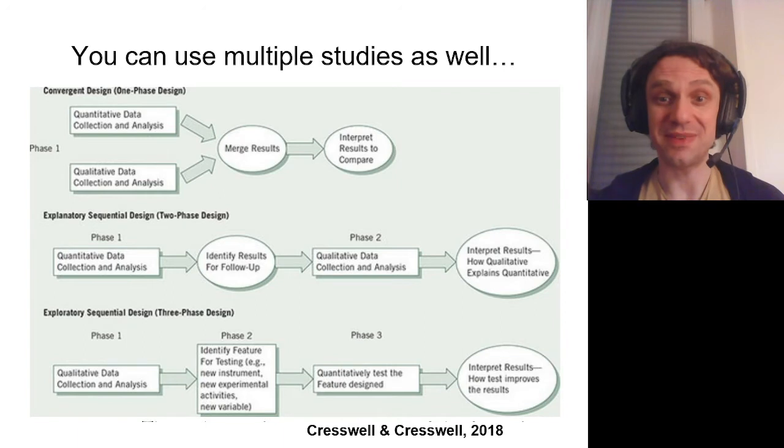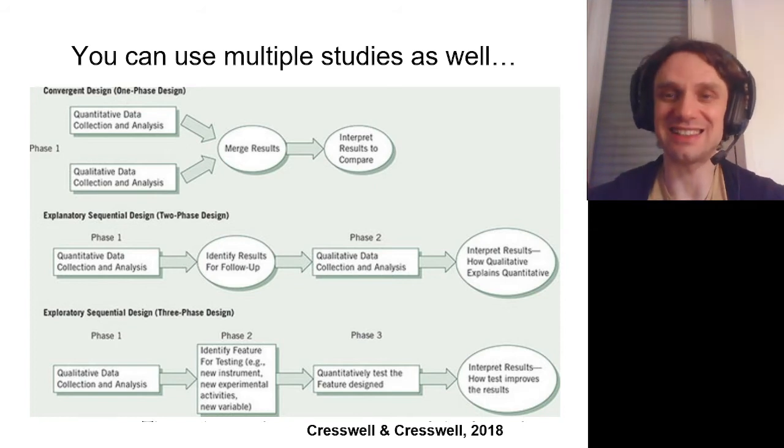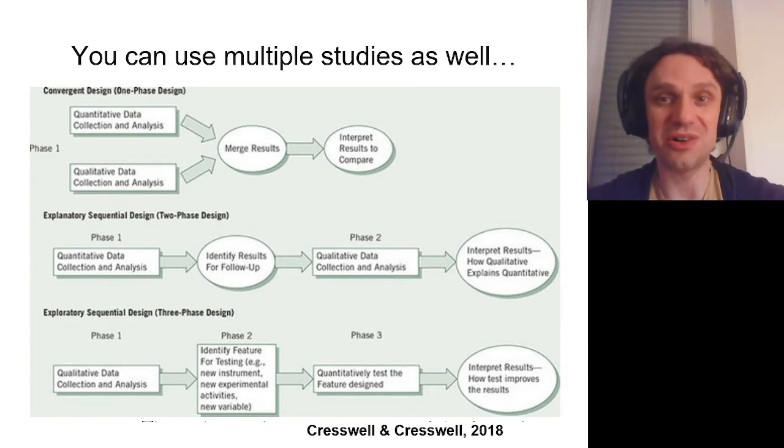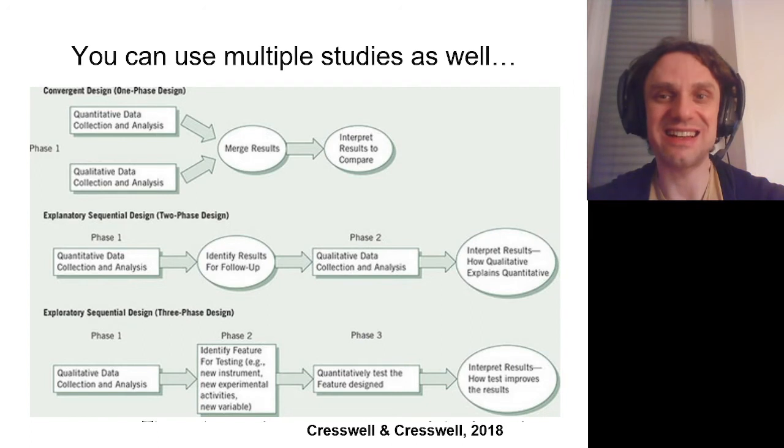And in their more recent work, Creswell and Creswell also propose some research designs that are potentially more specific. This merging strategy is now called convergent design, or one-phase design, when you collect more or less simultaneously quantitative data and qualitative data, and you merge them at the level of results.